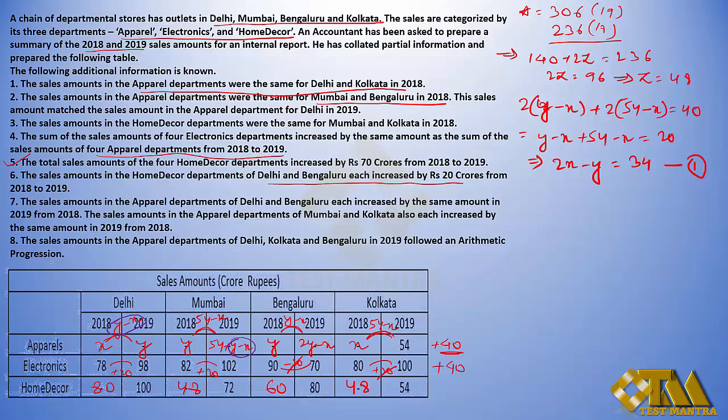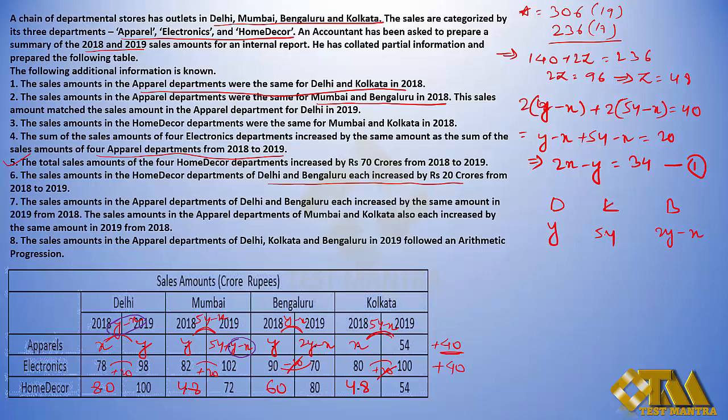Next one, the sell amount in the apparel department in Delhi, Kolkata and Bangalore in 2019 follows an arithmetic progression. So Delhi we have considered as y, Kolkata is nothing but 54, and Bangalore is nothing but 2y minus x.